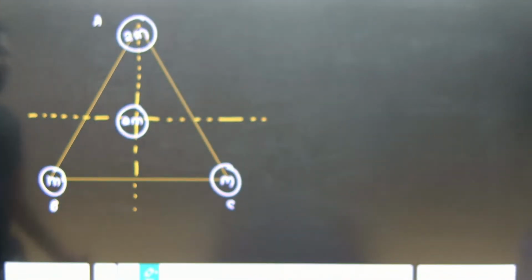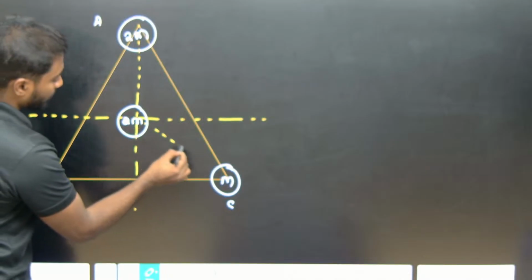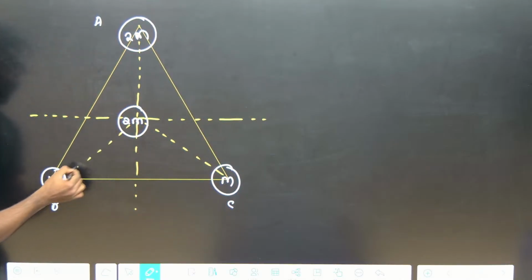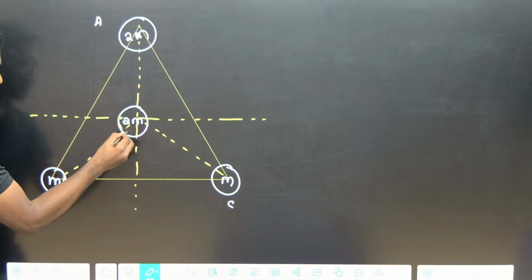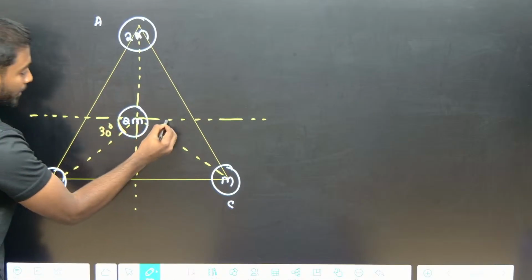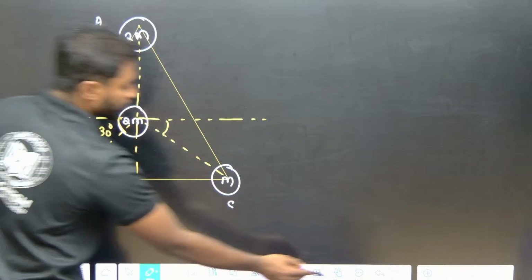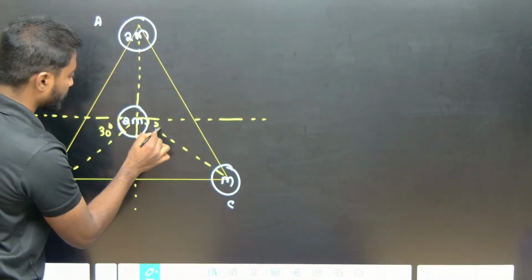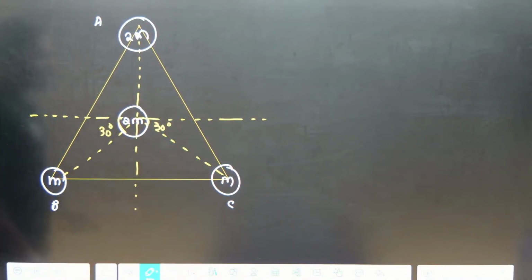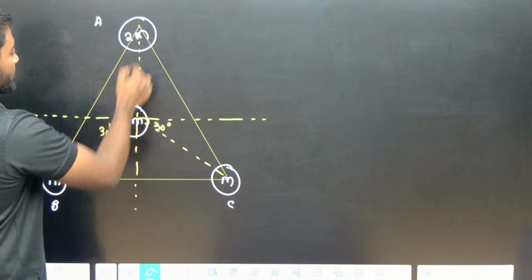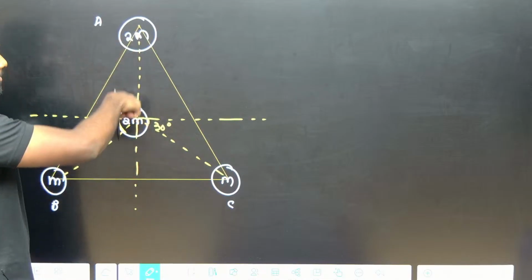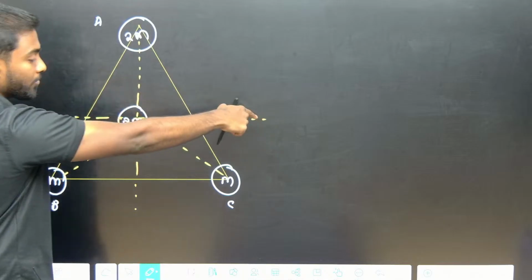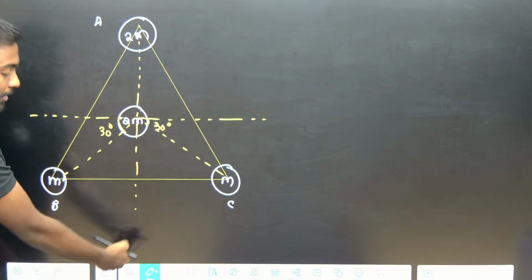Okay, so now when I see this, this is my 30 degree, again this is my 30 degree, no? Right. So this one will be positive j cap, this is positive I cap, negative I cap, negative j cap.